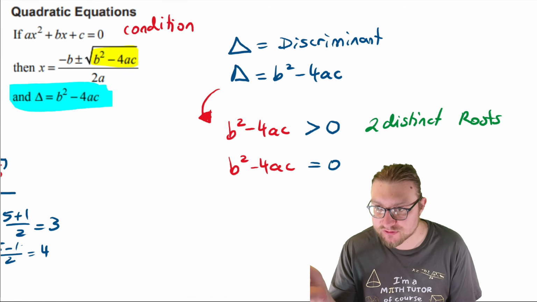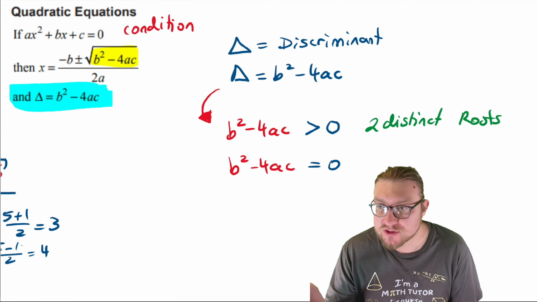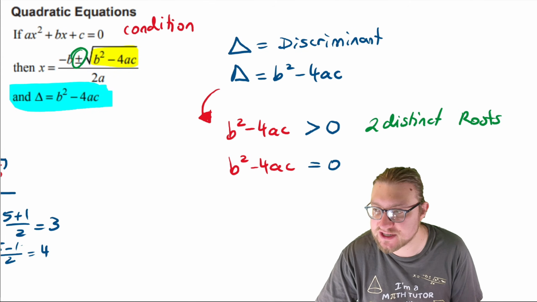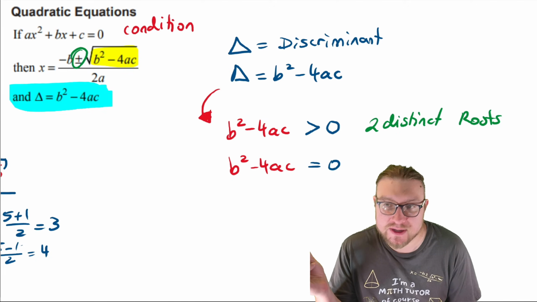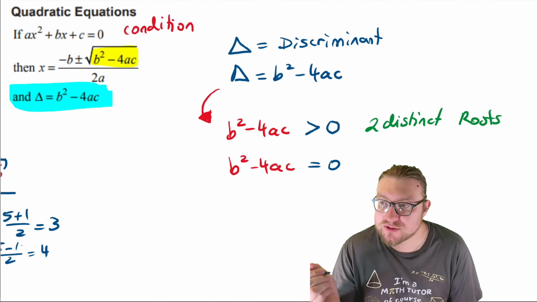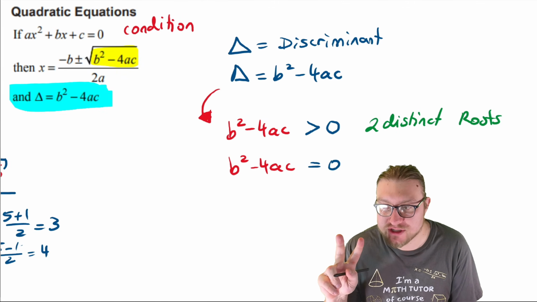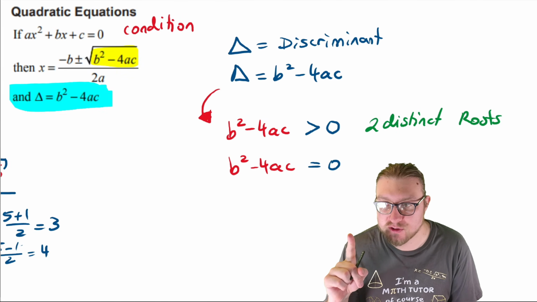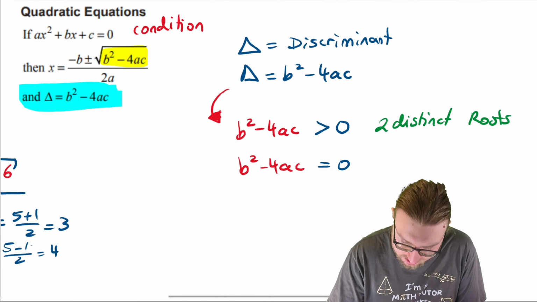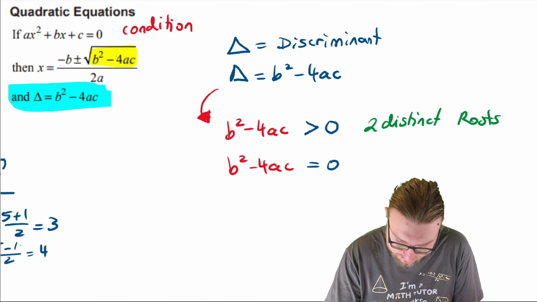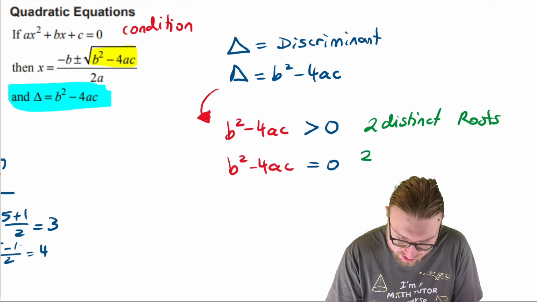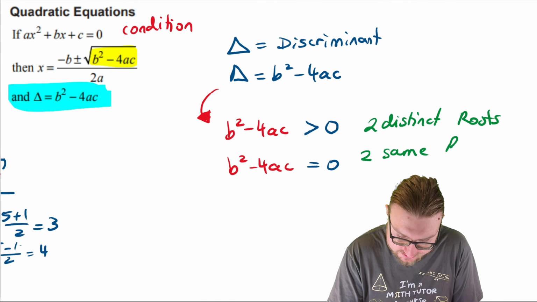Well, the square root of 0 is 0. So we have a positive and a negative 0. It doesn't really matter because 0 is the only number where positive and negative is the same. So that's why we don't get 2 distinct answers. We just get the 1 because the one with a 0 in it is duplicated. So we still get 2 roots, but we get 2 of the same roots.